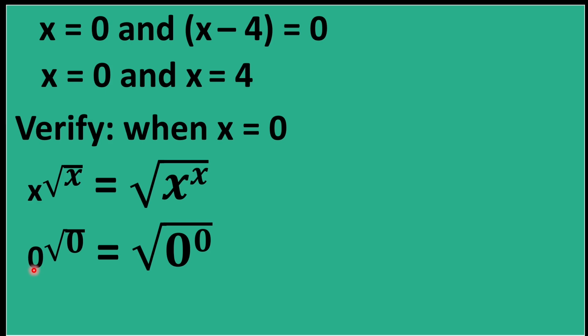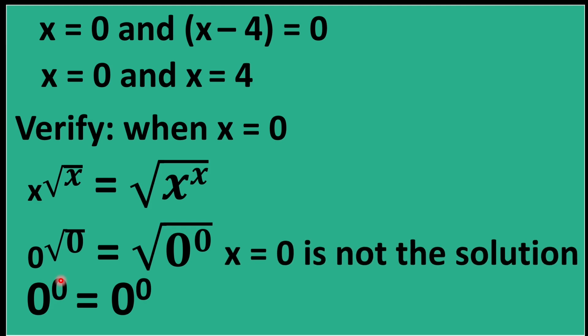So let's put it. So 0 power square root of 0, which is equal to square root of 0 power 0. And this will become 0 power 0, and this will also become 0 power 0. Please remember this: 0 power 0 is an indeterminate form, so it means that x equal to 0 is not the solution, because this is an indeterminate form.